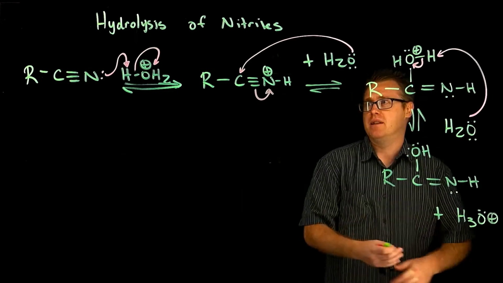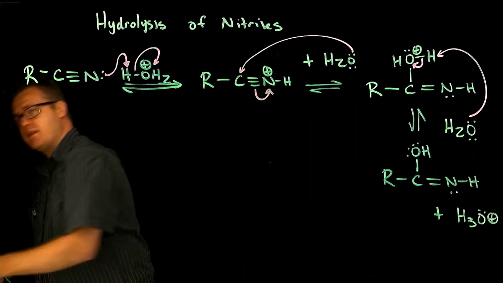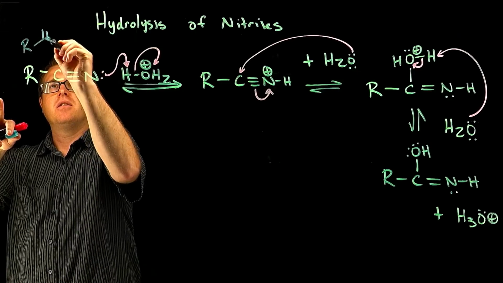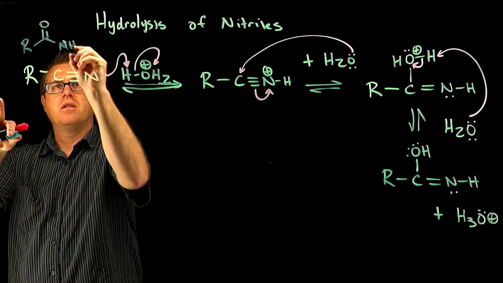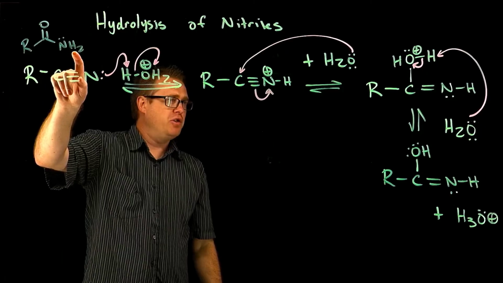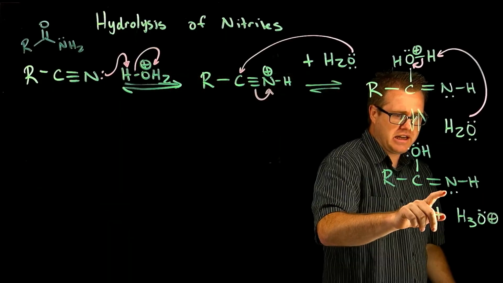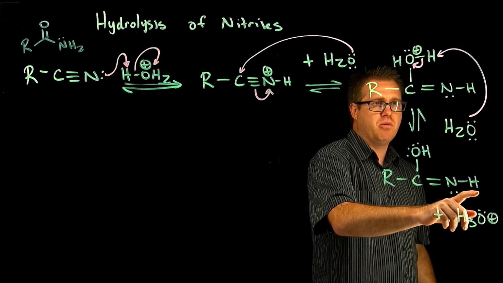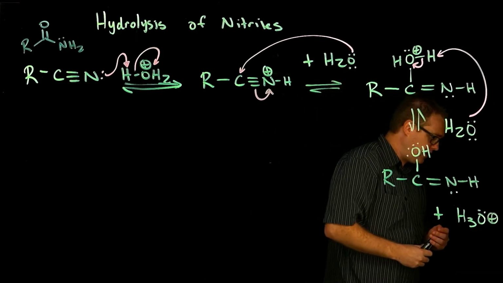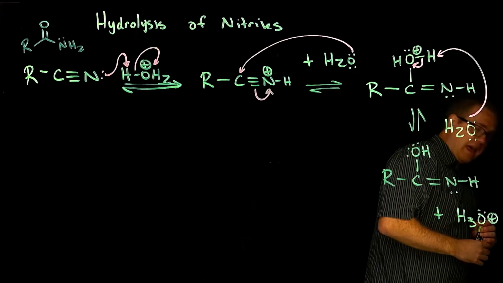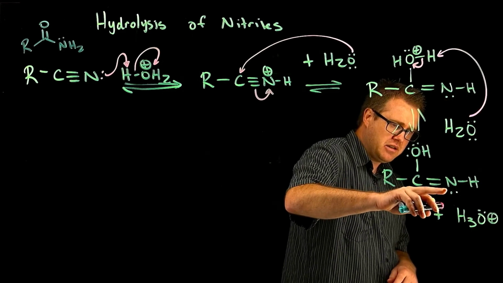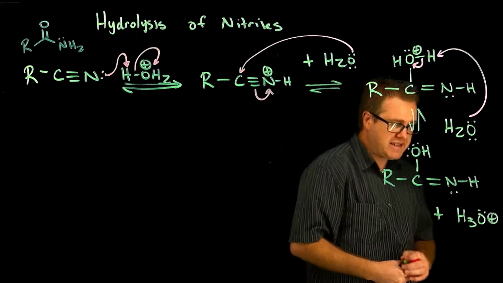But if we want our amide, what is our amide going to look like? It's going to look like that, right? We have a nitrogen with two hydrogens. When I look at this nitrogen, I see that there's only one hydrogen. I know I have to get another hydrogen on there. Okay? And so what we could do here is we see that this nitrogen has lone pairs, so it's basic.